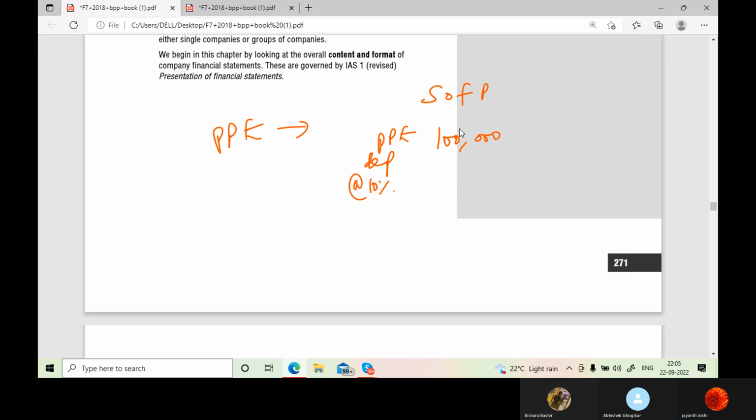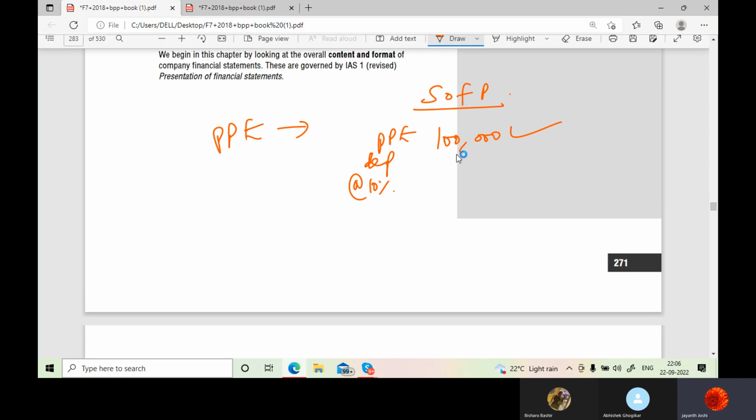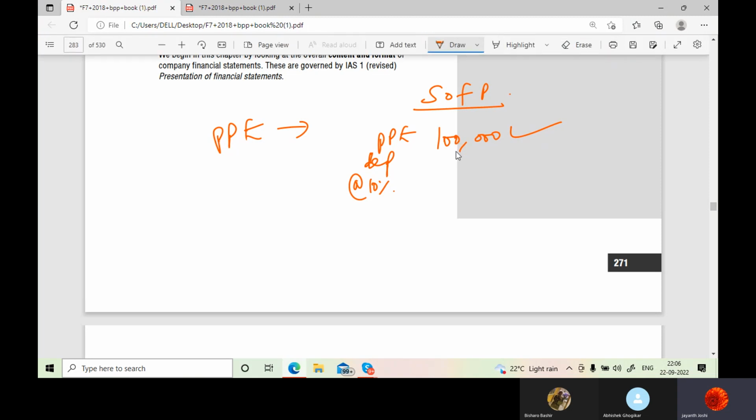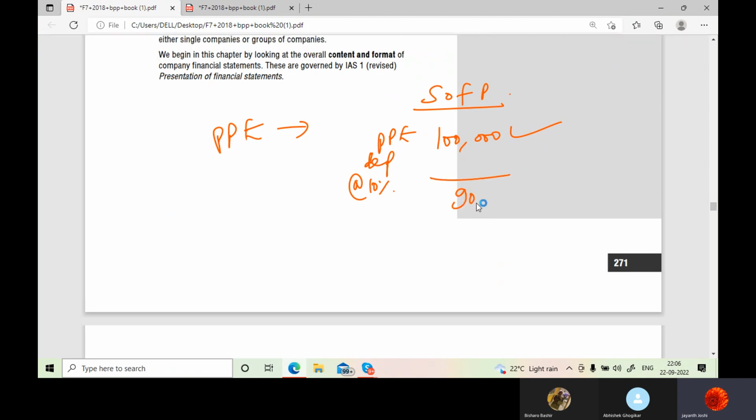But you can just write the carrying amount or book value of this asset in the statement of financial position. That is, for the first year you have to write 90,000 because 10,000 got deducted. But you cannot do it just like this.